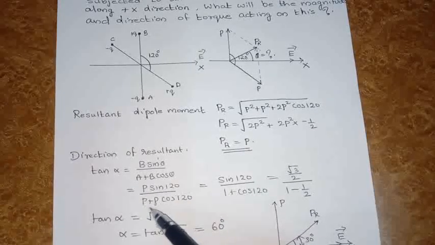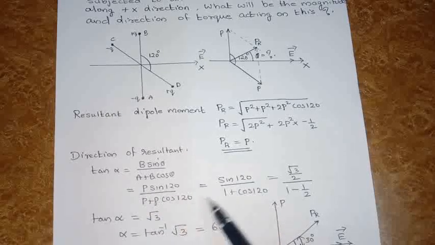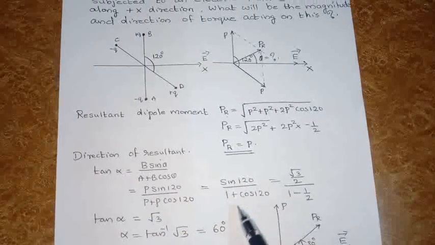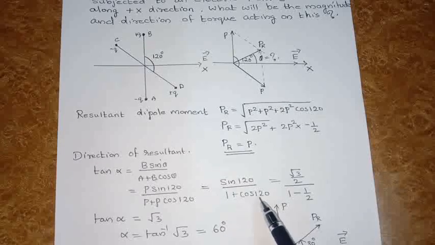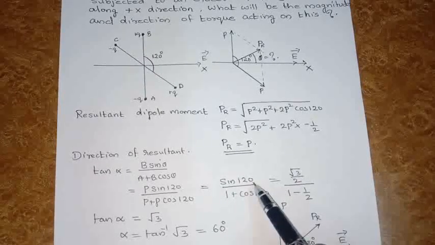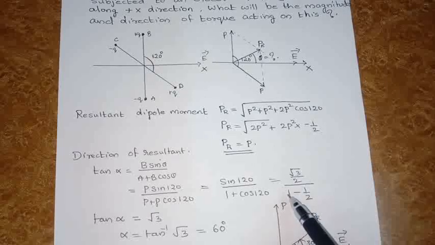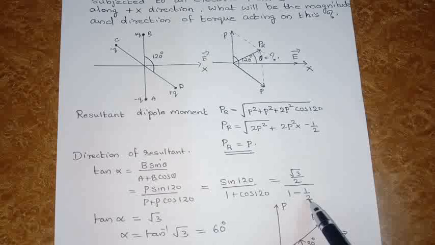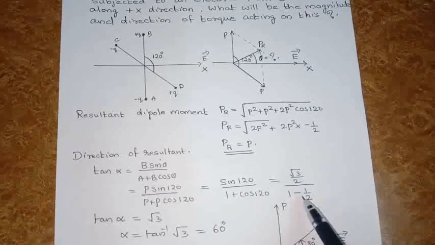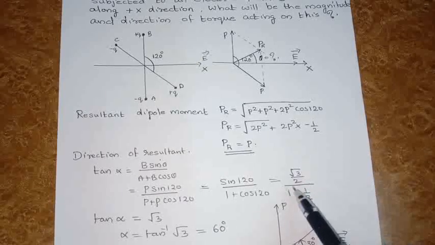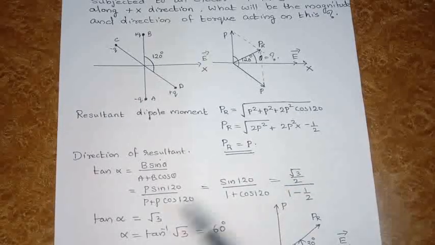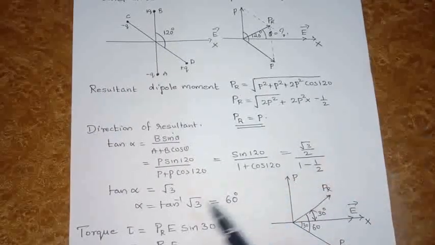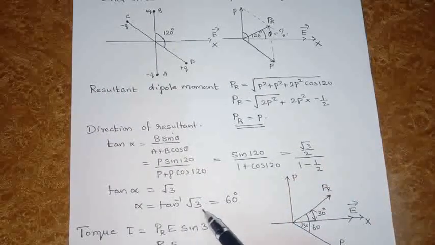Now from the denominator P can be taken out, and P cancels from numerator and denominator, then what remains is sin 120 divided by 1 plus cos 120. Sin 120 is root 3 by 2, divided by 1 plus cos 120, which is minus 1 by 2. So 1 minus 1 by 2 is 1 by 2 only, and the 2 and 2 cancel, what remains is root 3. So tan alpha is equal to root 3, therefore alpha is equal to tan inverse root 3.